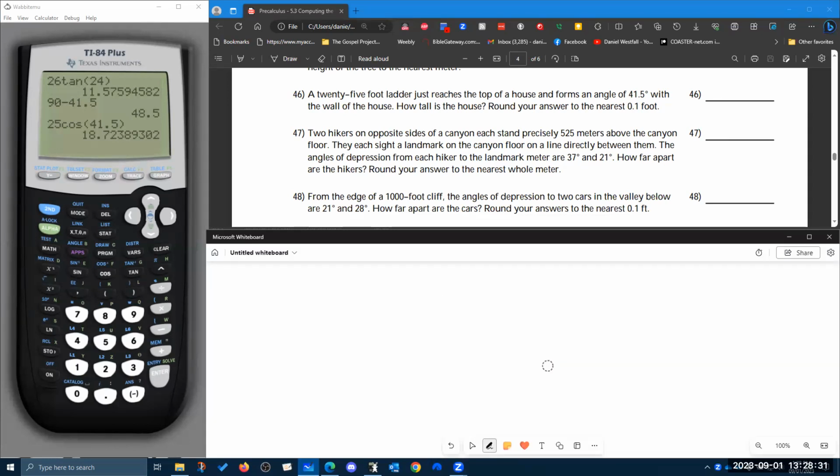So this person is looking down to a point, and this person is looking down to a point down here.